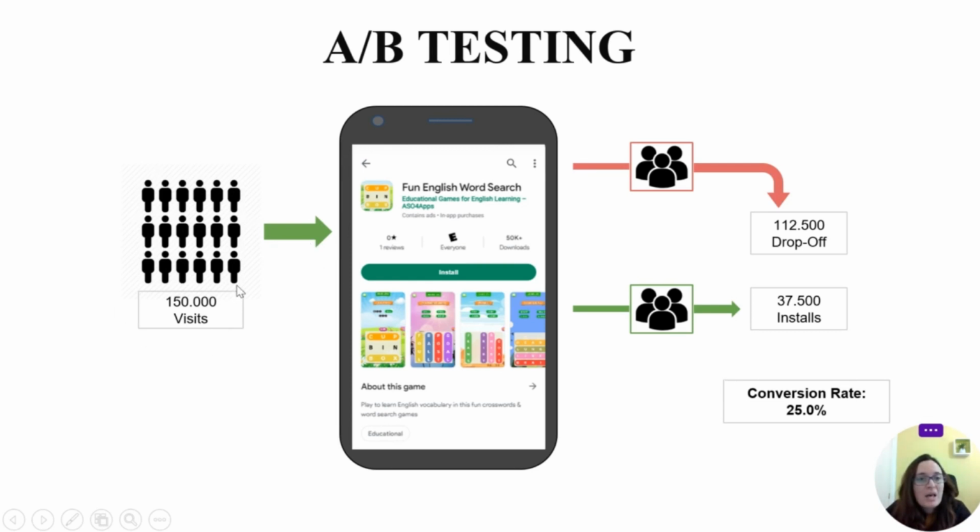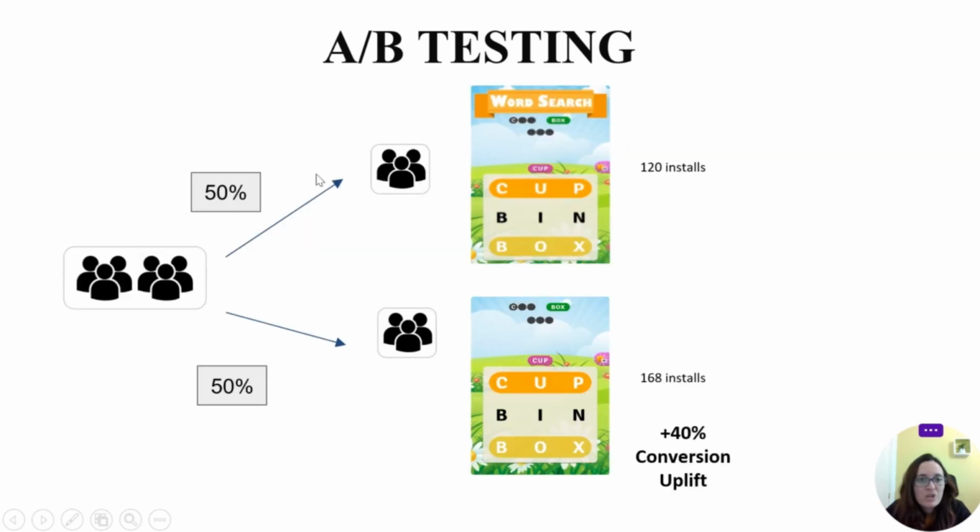From our total page views, we try to split our audience, for example 50% into two different elements, one with a ribbon, one without a ribbon, to find out which one turns better into our conversion target. In this case, from our page views, which ones turn into a higher number of installs.